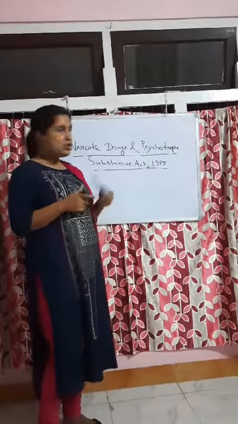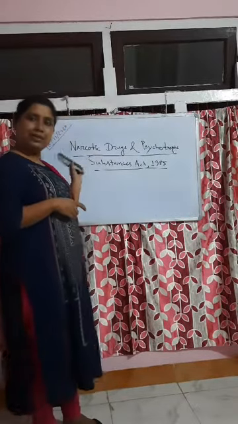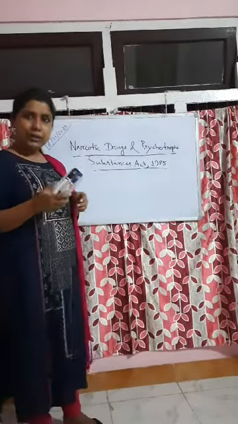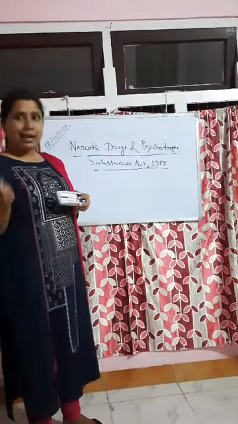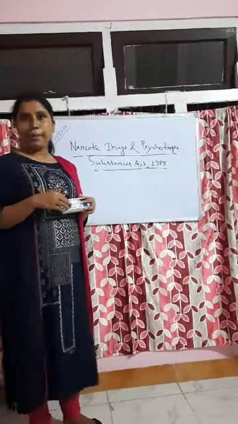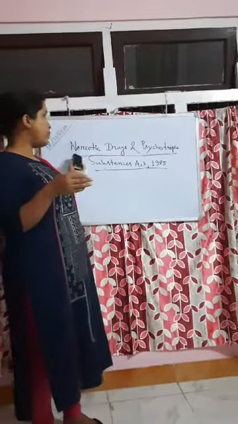Generally these narcotic drugs are of plant origin. I told you, like cannabis, which in Assamese we call bhang, cannabis, coca leaves. So these kinds of substances we cultivate.